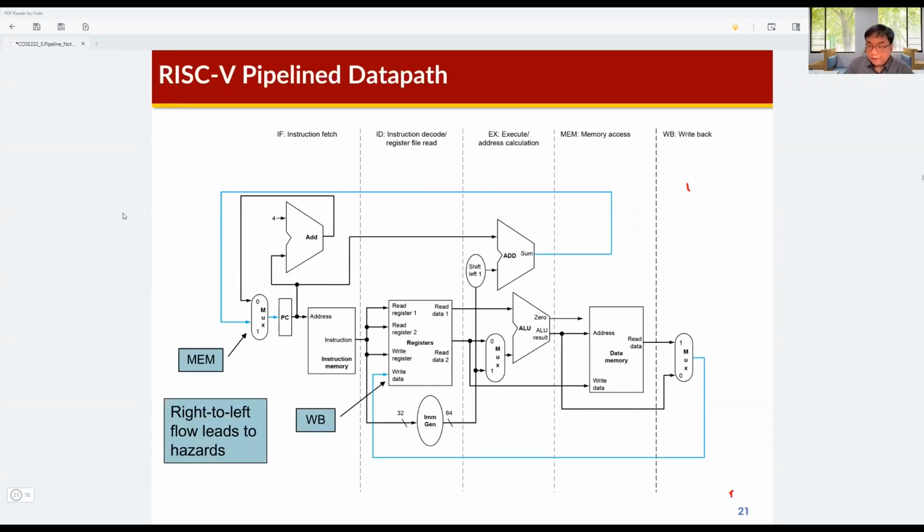We learned that a pipelined processor has 5 stages: instruction fetch, instruction decoding, execution, memory, and write back. Just ignore these lines between each stage.